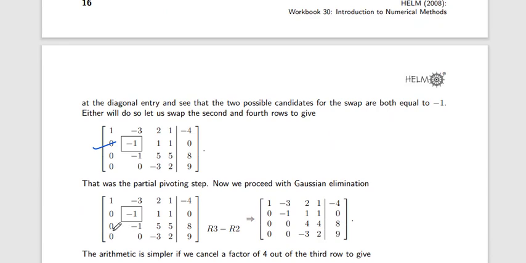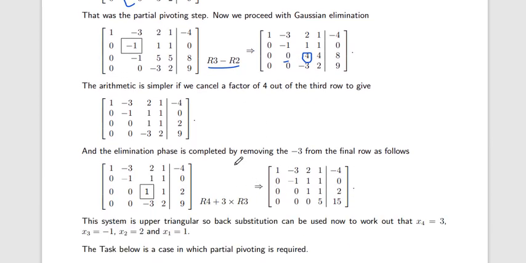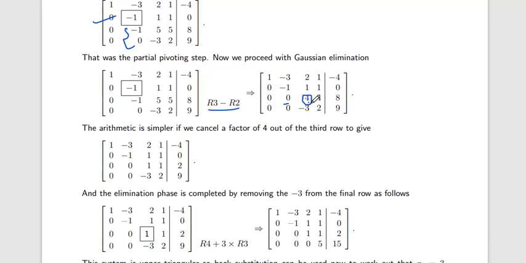Now we want to transform this value into 0. How do we transform it? R3 minus R2, addition of these two rows, so we get 0 4 4 and 8. Now let's talk about the third row and third column, 4. Here you can see 4 4 8; you can divide this row by 4, or factor 4 out of the third row and get 1 1 2, or you can skip this operation and still get the answer.